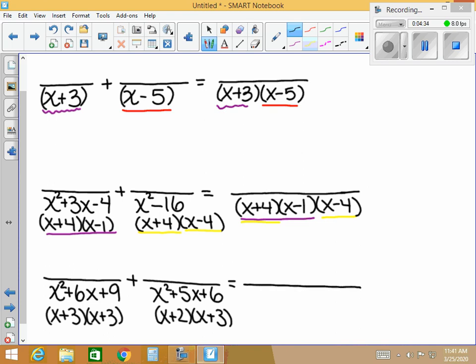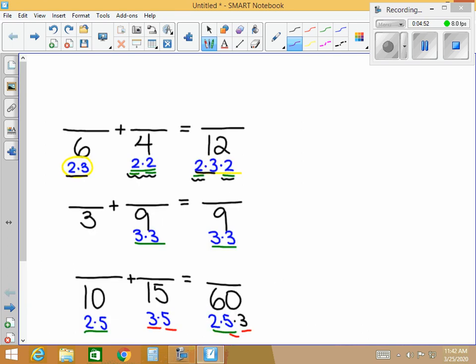Okay. So in the next one, I have two x plus 3's in that list, so I need both of those x plus 3's over here. The same way we needed both 3's to build the 9, or both 2's. If there was only one 5 in the bottom, and one 5 here and one 5 here, it means I only need a total of one 5 as a factor in that product.